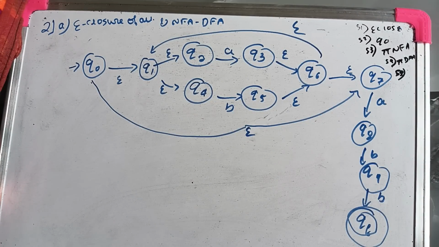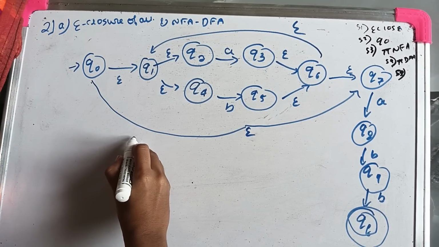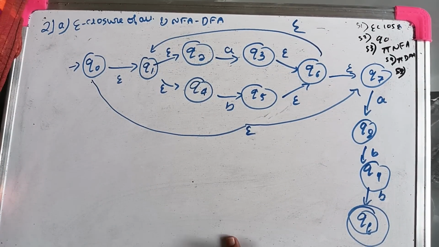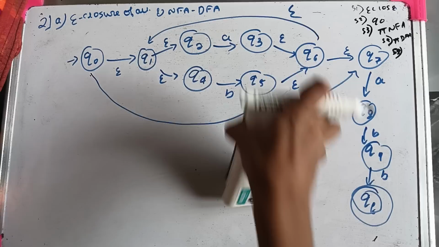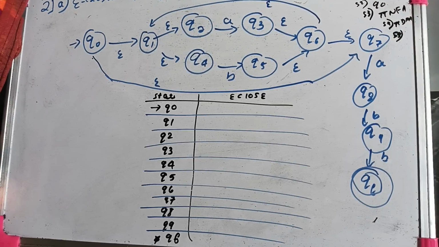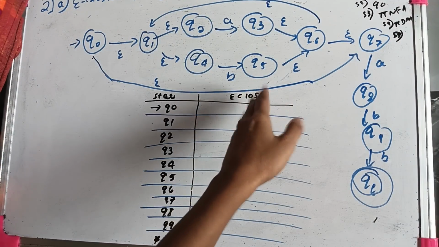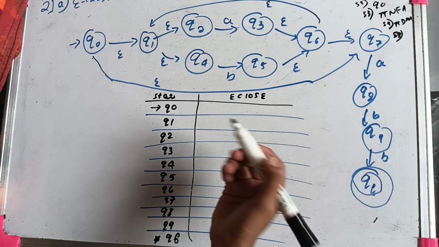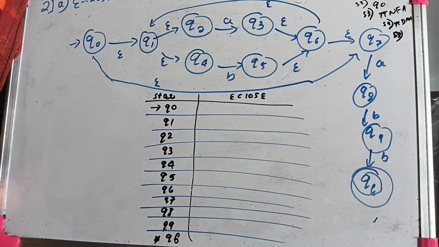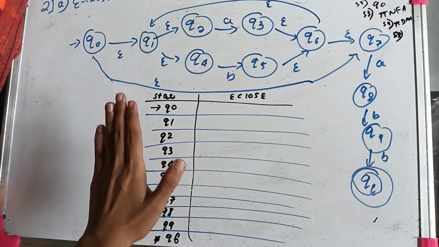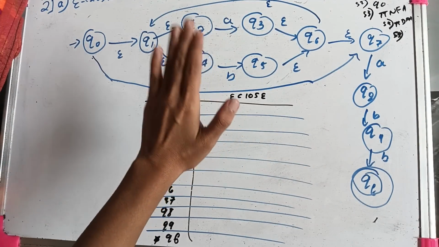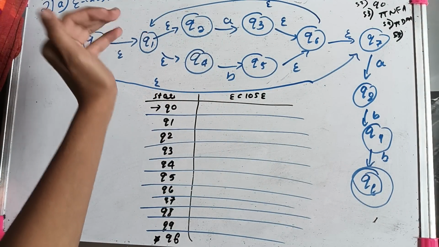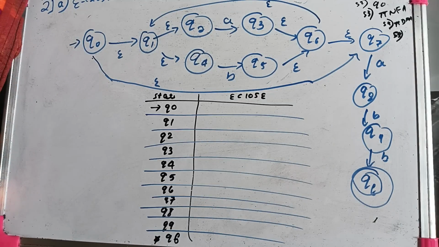First, write the e-closure of all states. So I am writing here only. For all states, first we need to write the e-closure, okay. So what do you mean by e-closure? E-closure is a state which is closed first on itself only, then wherever epsilon moves and reaches a state, that is also in the e-close of that state.